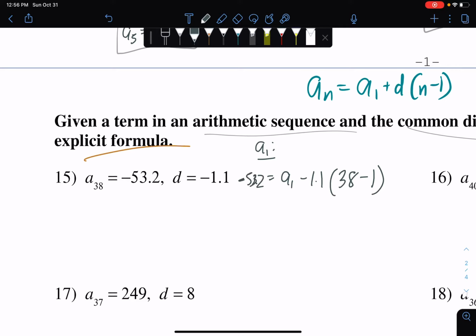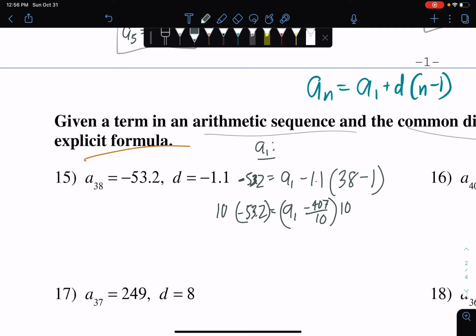Alright, so we now have the negative 53.2 on the other side. Negative 1.1 times 37. The 37 is the difference between 38 and 1. Our answer is negative 407 over 10. We multiply both sides to eliminate the denominator of any fraction that's present in any algebraic equation.